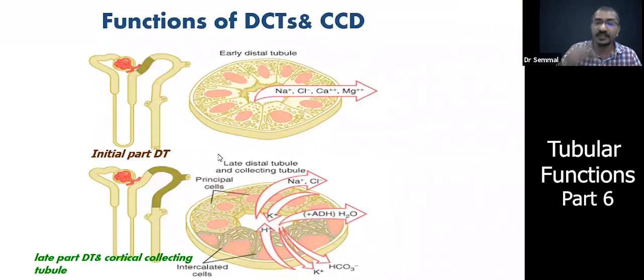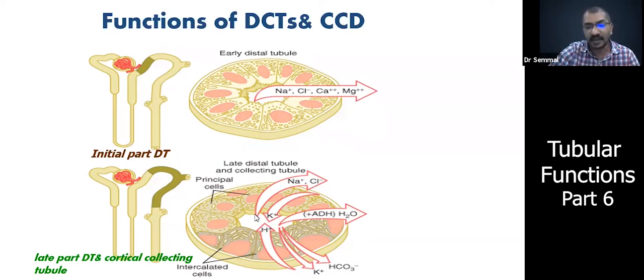Now, the functions of the distal convoluted tubule and the collecting tubule, the cortical collecting duct, are explained in this picture. Sodium, chloride, calcium, magnesium will go out. At the same time, hydrogen will go into the lumen, and potassium will go into the lumen.